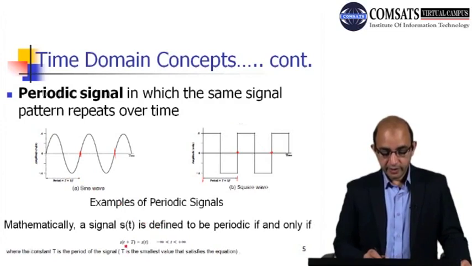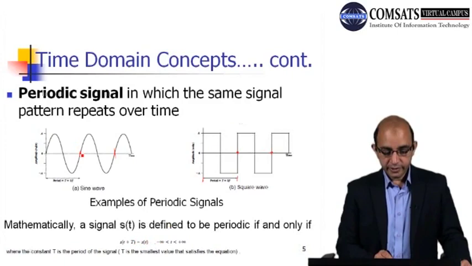So s of t plus capital T is equal to s of t. You can see that the time period is observed, so it means we got the same signal.